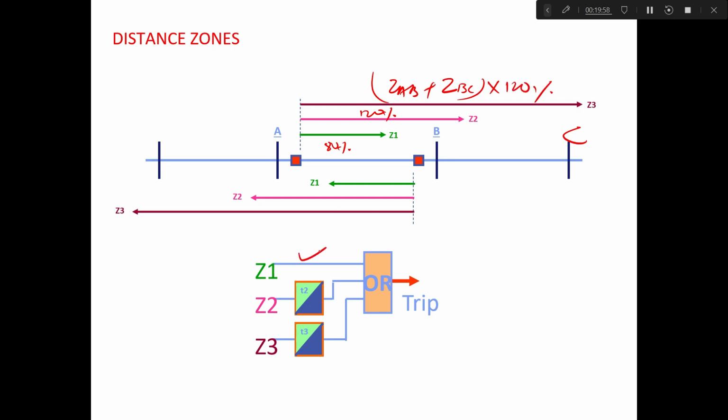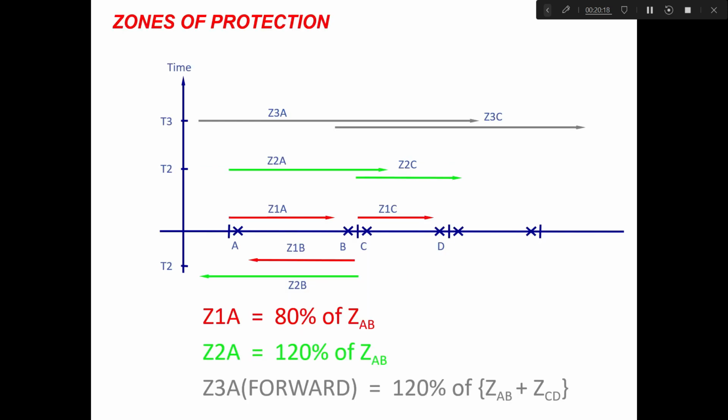Generally, zone 1 will be instantaneous, because it is to protect the principal transmission line. Zone 2 cannot be instantaneous: although it protects the principal transmission line, it also has coverage for the next line. So it will be a time-delayed zone, and that's why it is a backup zone. Zone 3 is also backup, and it will also be time delayed.